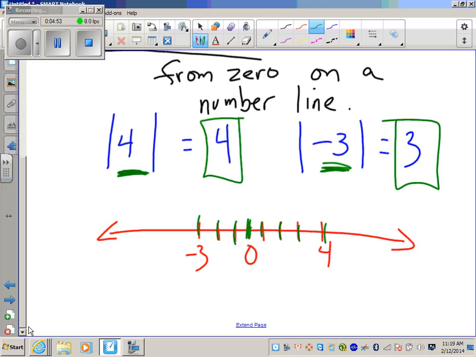Which of those has a greater absolute value? A positive 4 or a negative 3? Which one has a greater absolute value? The 4 or the negative 3? 4. Now, think about it.